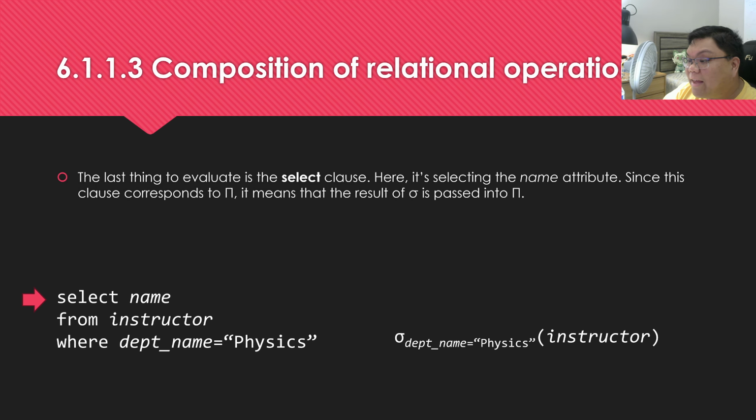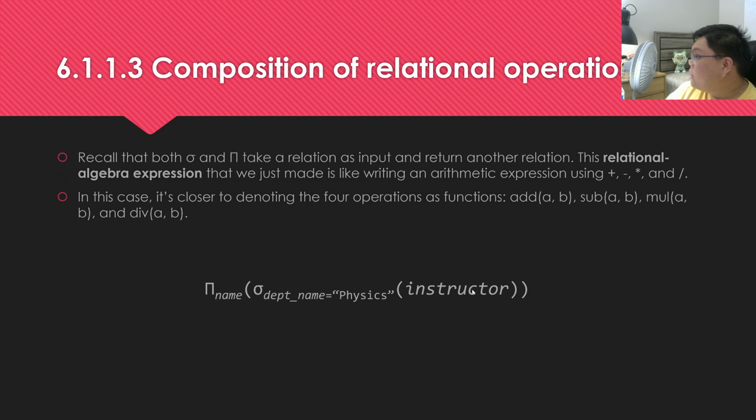Then we take that expression and build up a larger expression by passing it into pi. So pi sub name of sigma sub department name equals physics of instructor. And there we go. This query on the left here is equivalent to this expression on the right here.